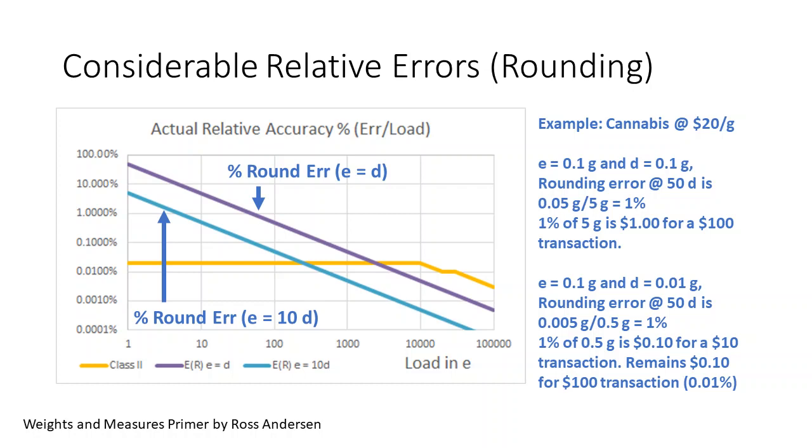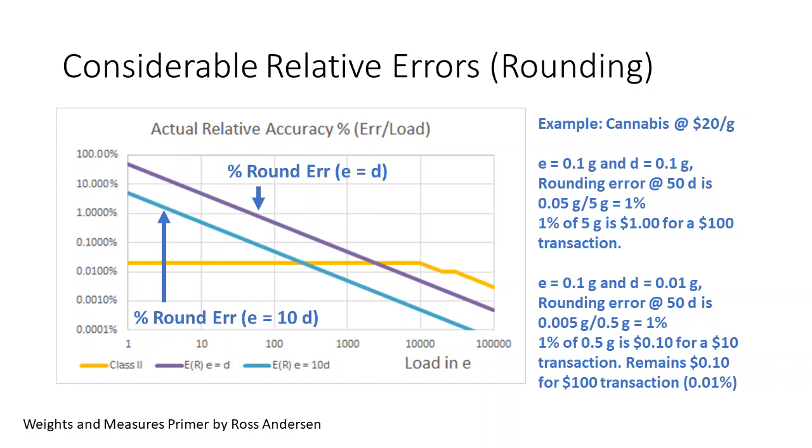Now observe the turquoise line, describing the rounding error of 1/2 D, where E equals 10D. The rounding error has dropped by a factor of 10. In this case, you reach 1% rounding error at 5E load, but still 50D. The higher resolution allows you to use the instrument for smaller loads and reduces the price increments in the transaction.